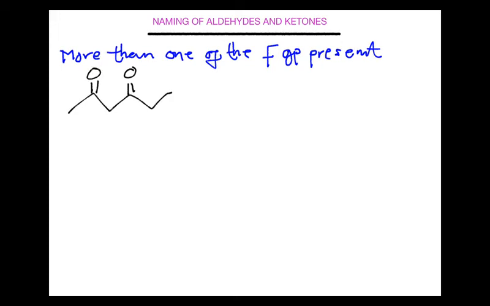Alright, so how do we name this? Because we have two of the ketone functional group there, and we said anytime we have a ketone, the ending is O-N-E, because there are two over here, we're going to be calling it dione. Anytime we have two of these functional groups in there.